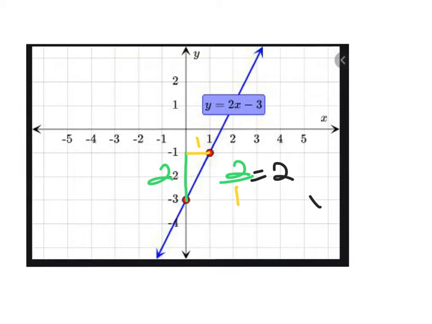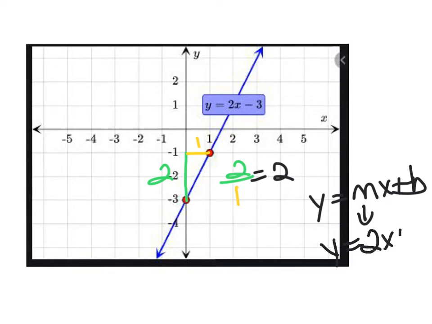So remember the formula, y equals mx plus b. We just replace the m with the 2, the slope. So we have y equals 2x plus, and then the b.